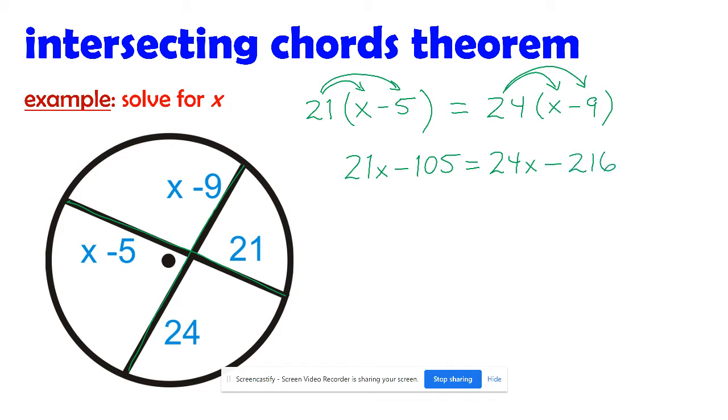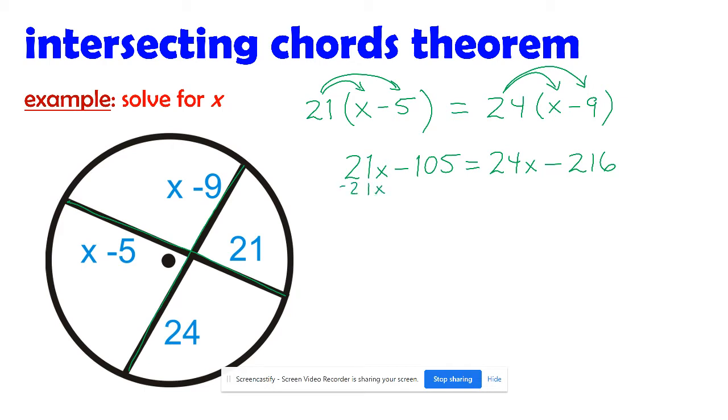And now this, going back to algebra, is when you have an equation with a variable on both sides, and the key here is to get all the x's on one side together and all your numbers on the other side together. So there are different ways to approach this. What I like to do is take the smaller number and subtract it.